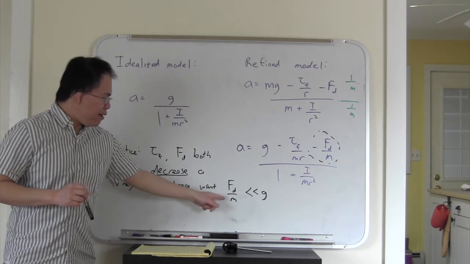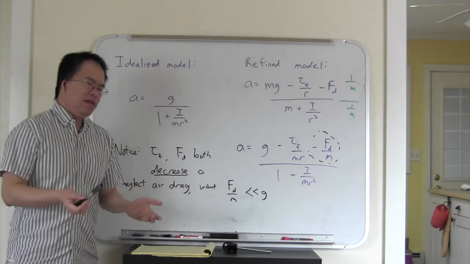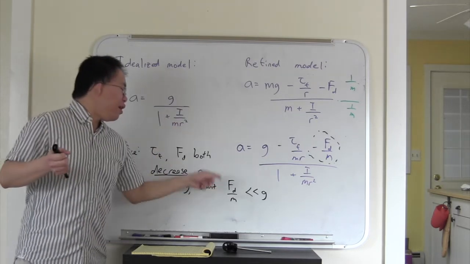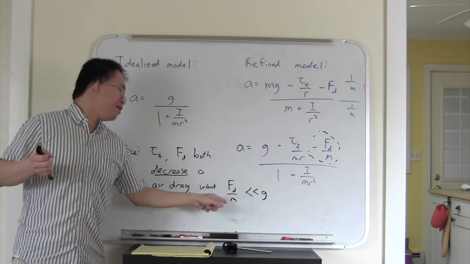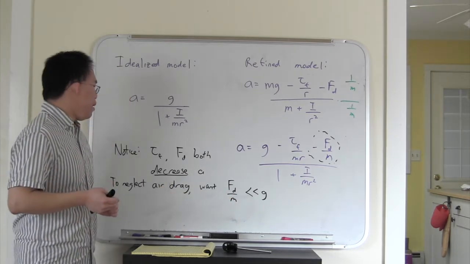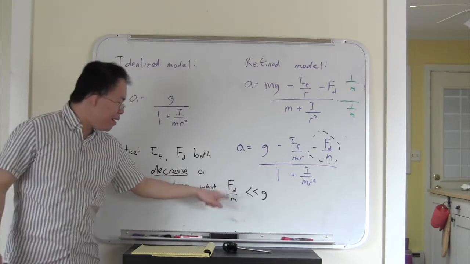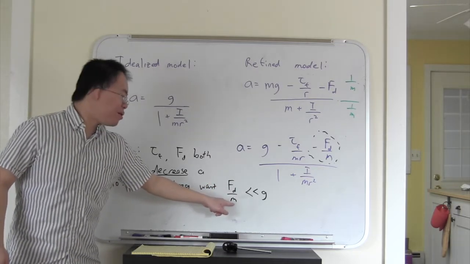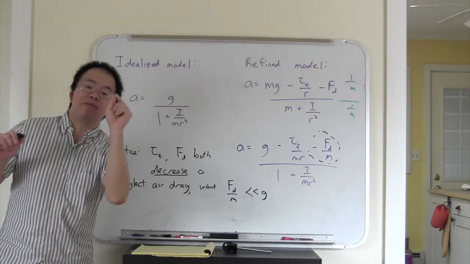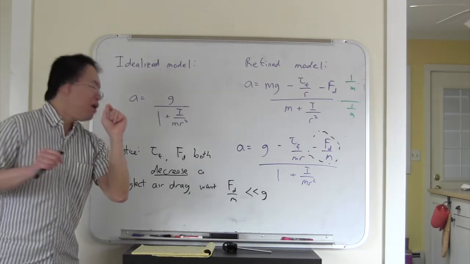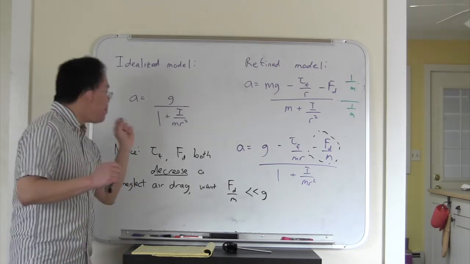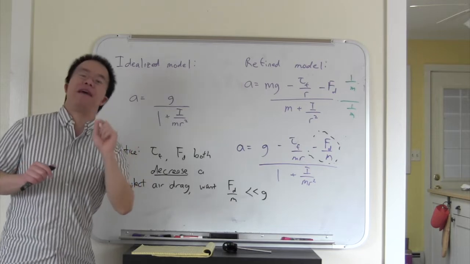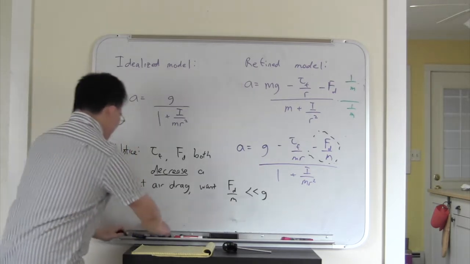If m were really small, 1 over m would be large, and we might have a problem satisfying this requirement. Conversely, if we make m large, the bigger I make m, the smaller this is going to be. That is precisely why I'm going to ask you to think about a minimum mass m such that this air drag term can be neglected.